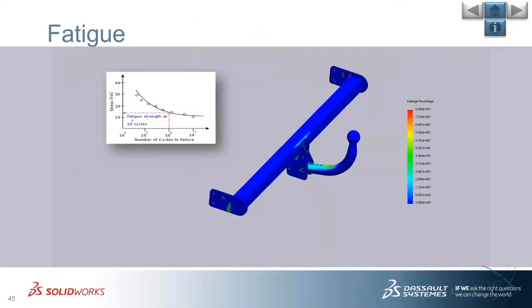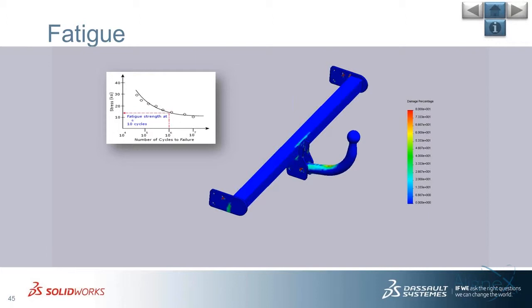So if we explore fatigue failure, you can see here that what we need for fatigue is, again, a load case, which is basically just a linear static study that we set up, and then also the material SN curve. And what the SN curve tells us is the number of cycles to failure at a specific stress value. So this can be done with some lab testing.